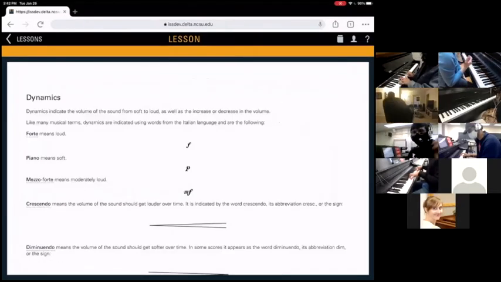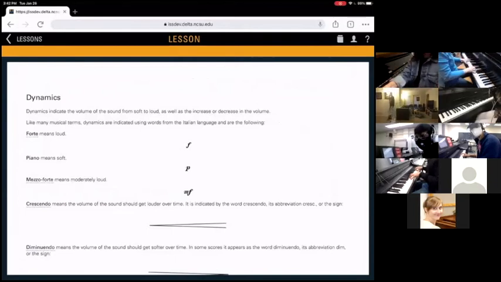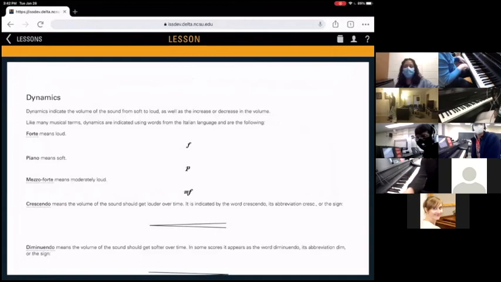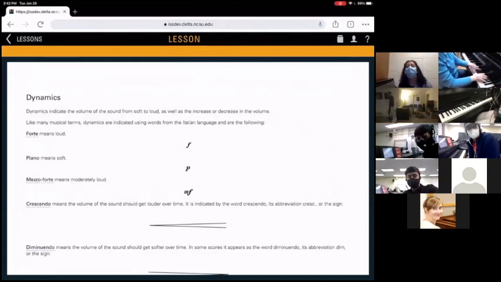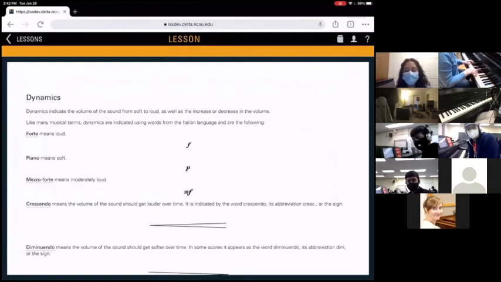Dynamics. You can play loud, like this, you can play soft. And you can play anywhere in between, like mezzo forte would be medium loud, for example. Crescendo means growing faster, for example.